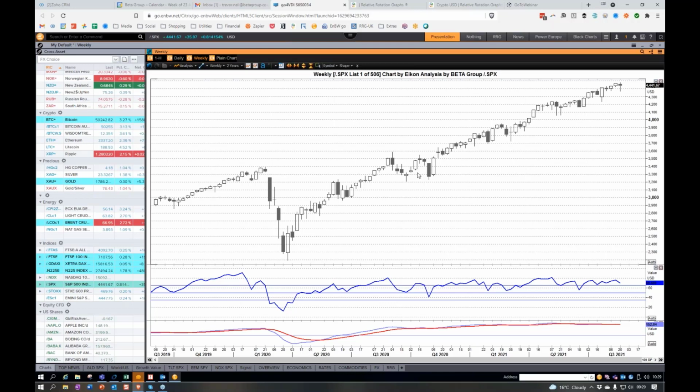Either that has to change in that it broadens out, or it's telling us that without those few, 20 stocks out of the 100, if any weakness appears in any of them, then the whole index is going to fall away quite sharply, because many of them are not going up. That's the thing. Many of them are not going up. So here we've got the S&P, which is clearly going up.